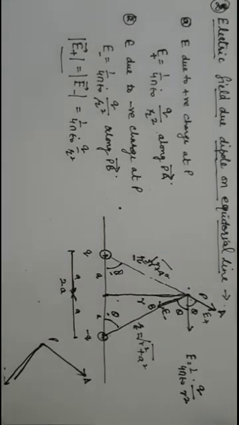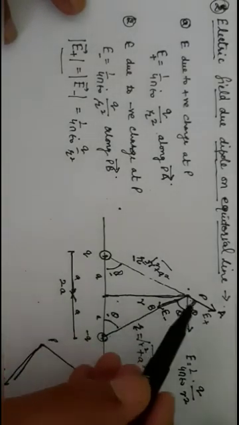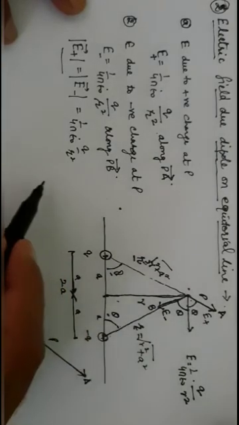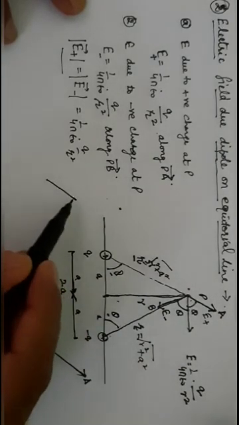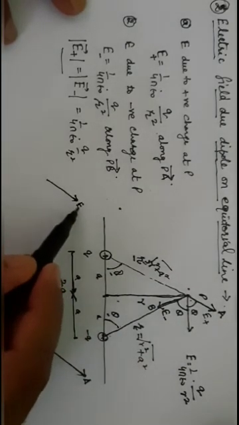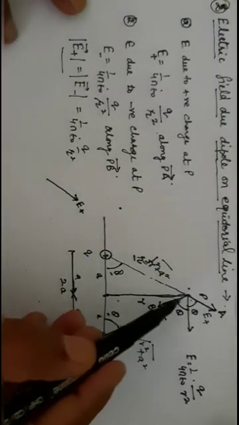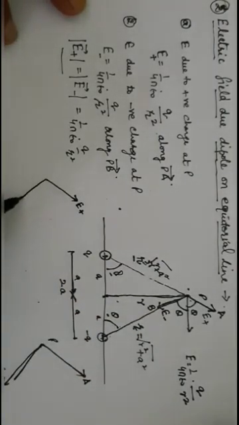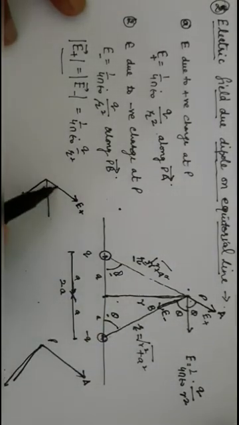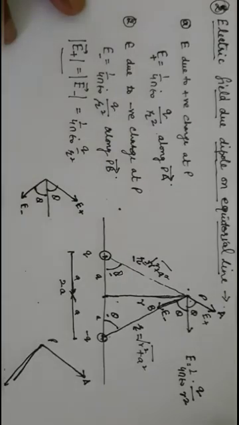Now for resolving these E positive and E negative, I will draw them in a different diagram. So E positive is along this direction, so this is E positive, and E negative is along this direction. And if I draw a horizontal line from here, this angle is theta and this angle is also equal to theta.